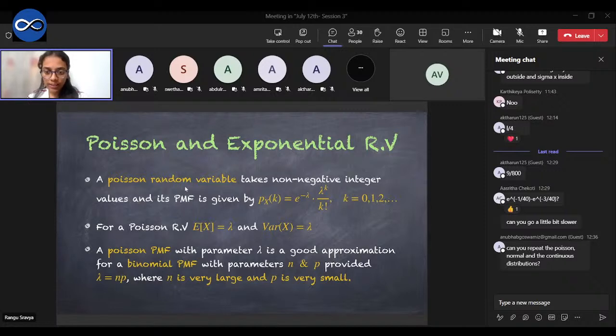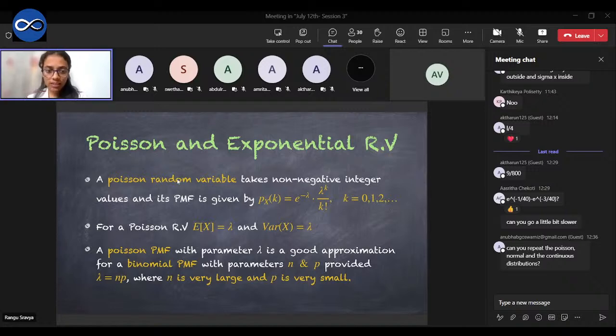If you consider a city and consider the number of car accidents to be a random variable, the number of cars in a city is very large. So n is a large value, and p is the probability that any car is involved in a car accident, which is very small.